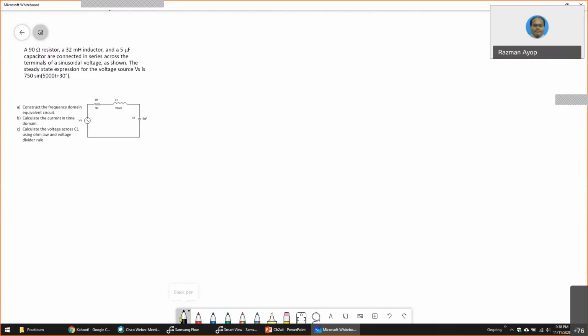We start with constructing the frequency domain equivalent circuit. Basically, that just means changing it to the phasor domain.